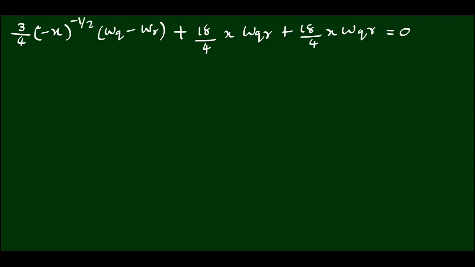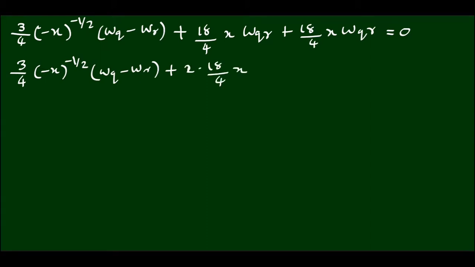Again, by simplifying, we'll get 3 by 4 times minus x raised to minus 1 by 2 into wq minus wr plus 2 times 18 by 4 x wqr, which will be equal to 0.